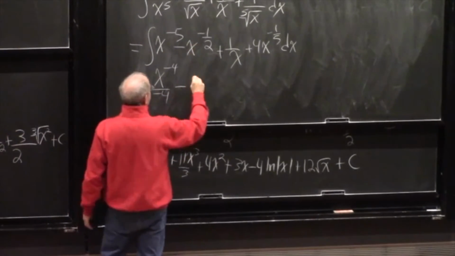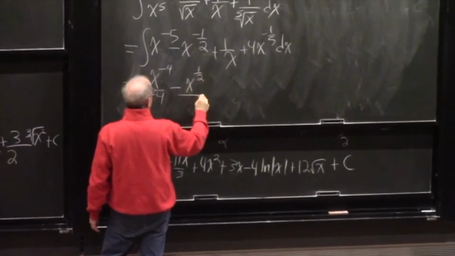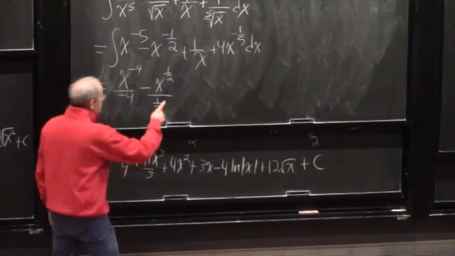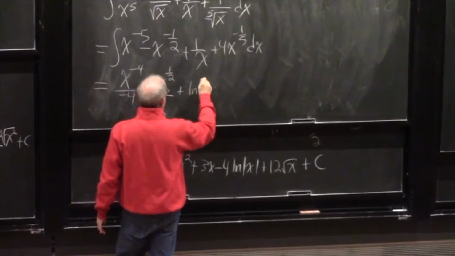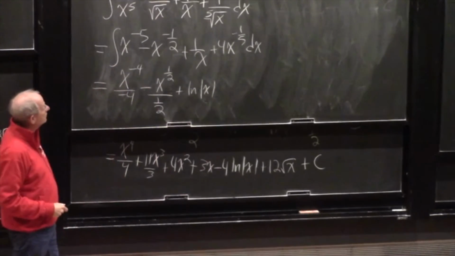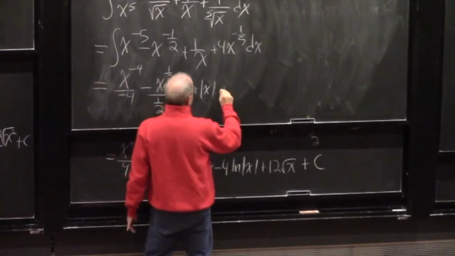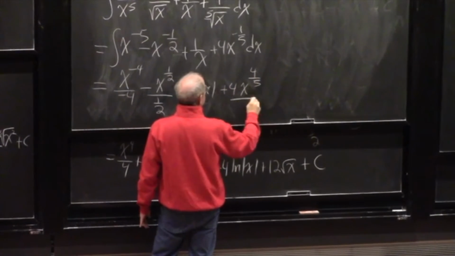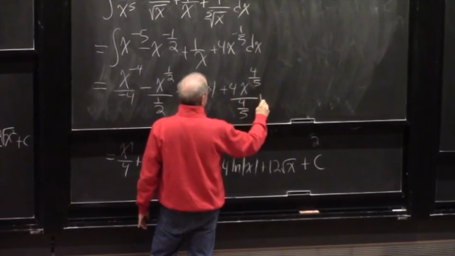The integral of x to the negative 1/2 is x to the positive 1/2 over 1/2, divided by 1/2, multiplied by 2. The integral of 1 over x is log of the absolute value of x. And then x to the negative 1/5 would be x to the positive 4/5 over 4/5.